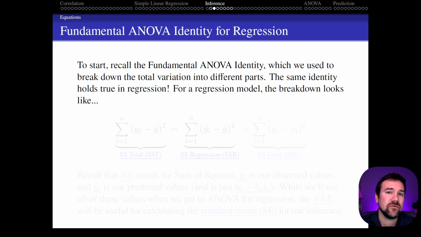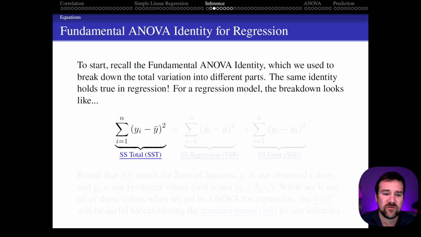All right, so first of all, let's talk about the building of some of the regression components. A lot of the inferential testing in regression comes from the fundamental ANOVA identity, but a specific form of it. It's the fundamental ANOVA identity as it relates to regression.